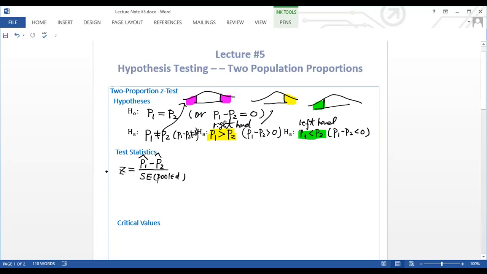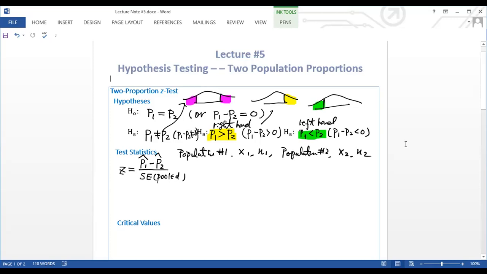What it means, the SE pool: we said you have two populations, right? For population number one, you will have an X1 value and N1. Then for population number two, you will have X2 and N2, right?